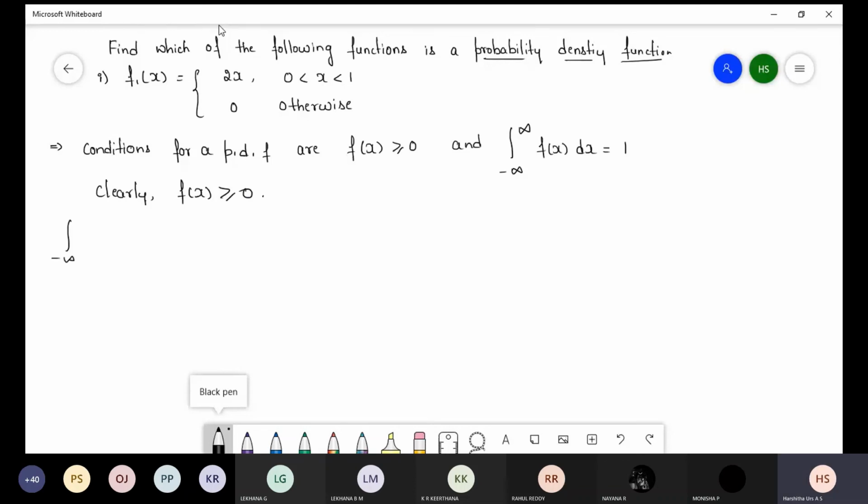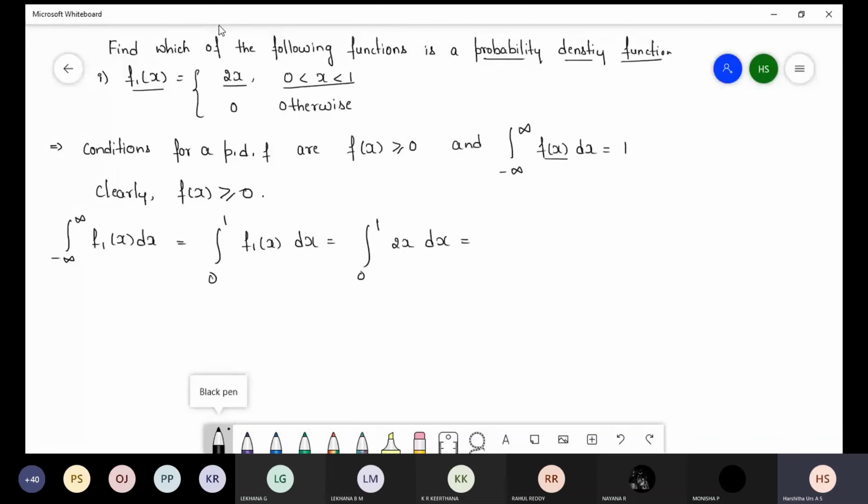Minus infinity to infinity. Here in place of f of x, they have given f1 of x. So here write f1 of x into dx is equal to, limit varies from 0 to 1, f1 of x into dx. So 0 to 1 limit we have 2x into dx.